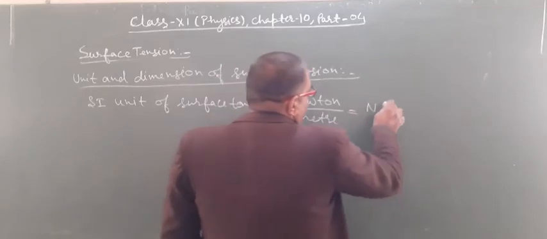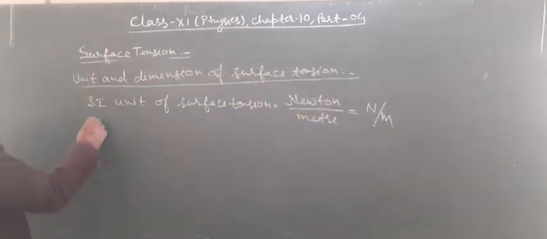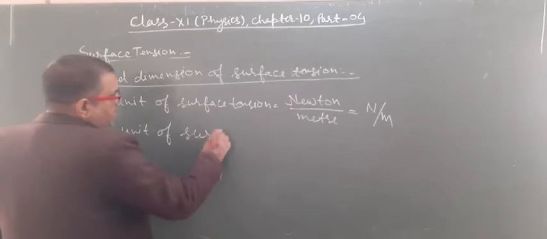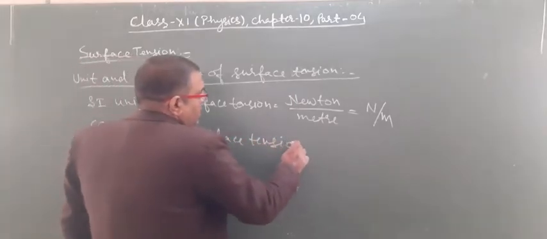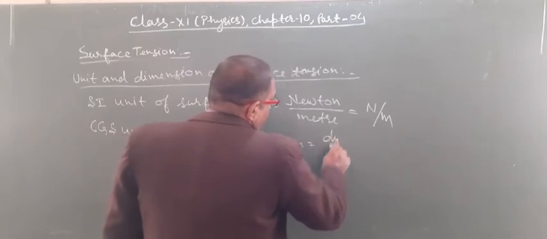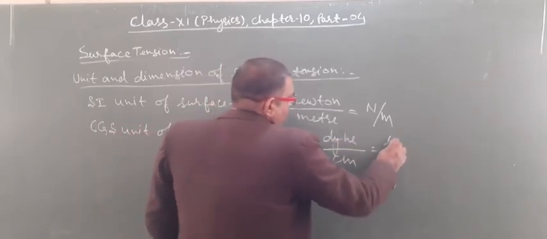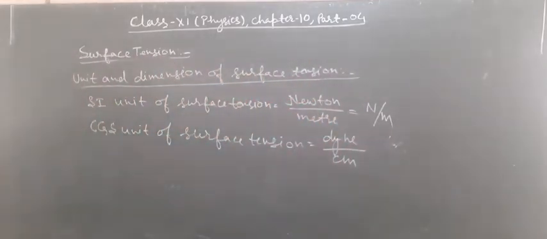And the CGS unit of surface tension is dyne per centimeter. Okay students, this is the CGS unit.